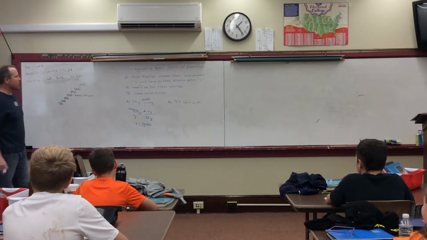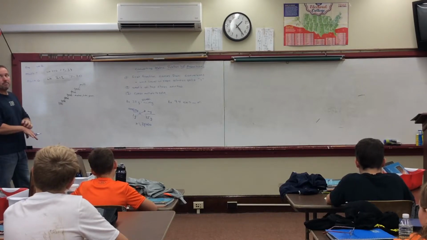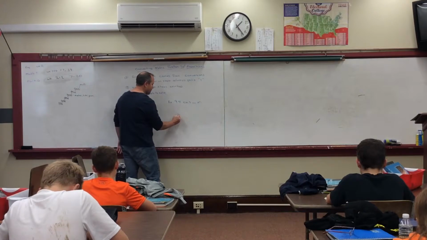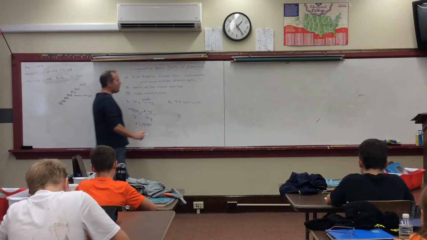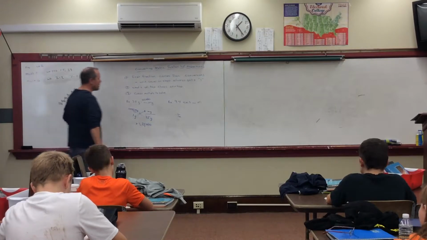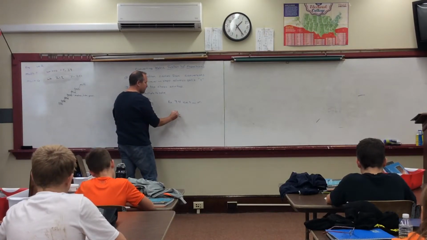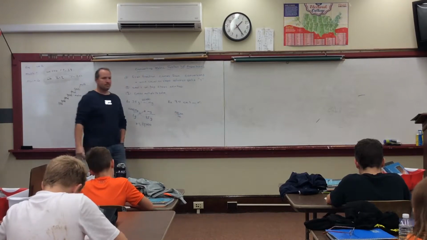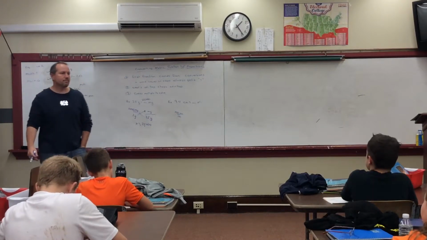Which is lower on the steps, centimeters or meters? Meters. So the 1 goes with the meters. The one that is lower gets the 1. Now, how many steps up is centimeters? 2. So for centimeters, we're going to have 100 because there's two steps, 2 zeros. Does that make sense?